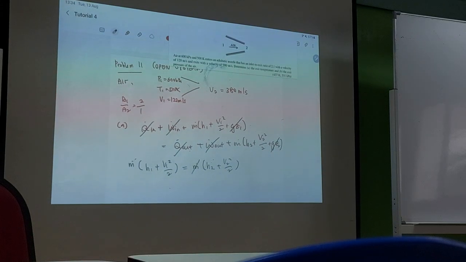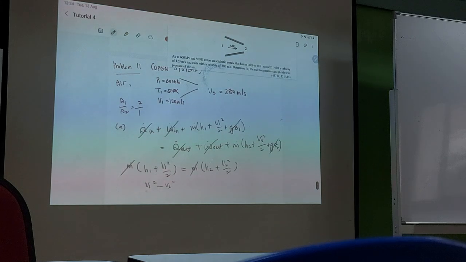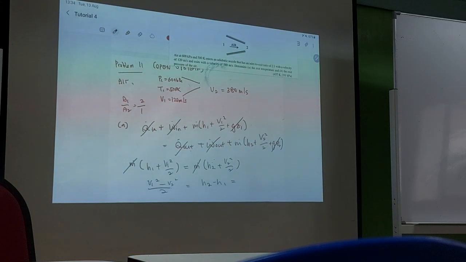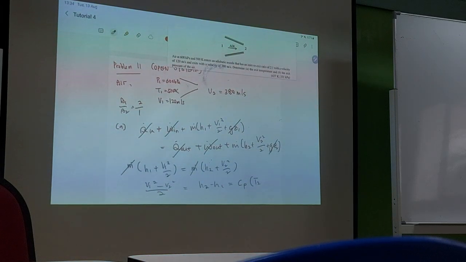So from here, the mass flow rate can cancel off. Then you are left with h1 and h2. If we move things around, you get (v2 square minus v1 square) over 2 equals h2 minus h1, which also equals, again, this is an open system and an ideal gas, so Cp (T2 minus T1).